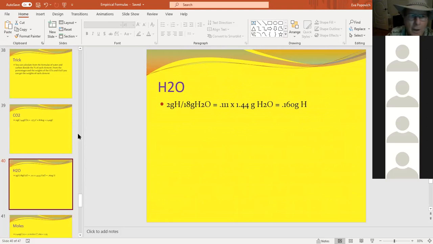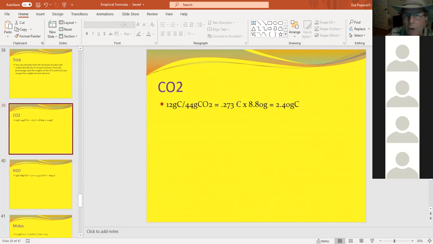Yes. I did the same thing for carbon in the carbon dioxide. I took the percentage, multiplied it by the whole weight of carbon dioxide. I now have the weight of carbon. So I've done the first part of my empirical formula problem. I found the weights.